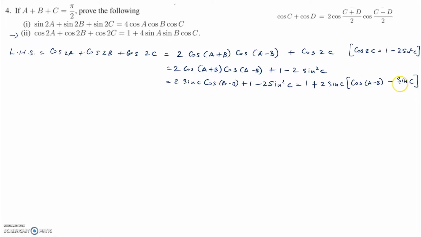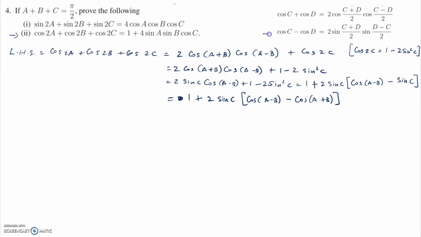Again, we can rewrite sine c as cos(a plus b). So this becomes 1 plus 2 times sine c into cos(a minus b) minus cos(a plus b).